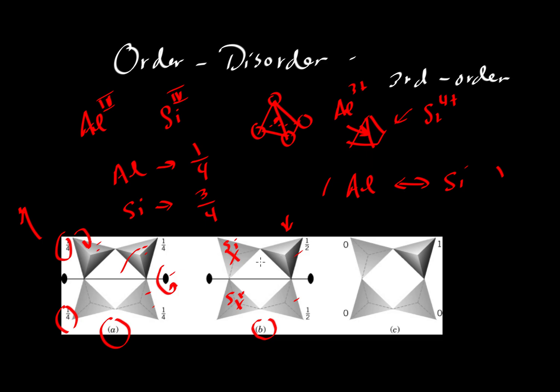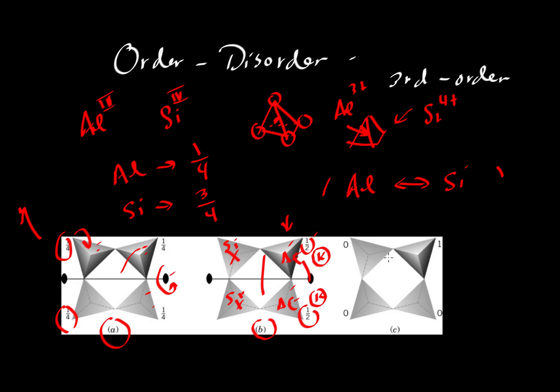If there's a little bit of a difference in the sizes of these, or maybe there's a charge balance issue, maybe there's a large potassium atom sitting over here that wouldn't normally be there, and it provides some charge balance by keeping the aluminums over on the right-hand side, then aluminum might have either a structural or a charge balance preference for being over on the right-hand side. And if that's the case, if we're going to fill in 1/4 of the sites with aluminum, but out of those 4 sites, only 2 of them are available, now we have a 50-50 chance, a 1/2 probability of seeing aluminum either here or there.